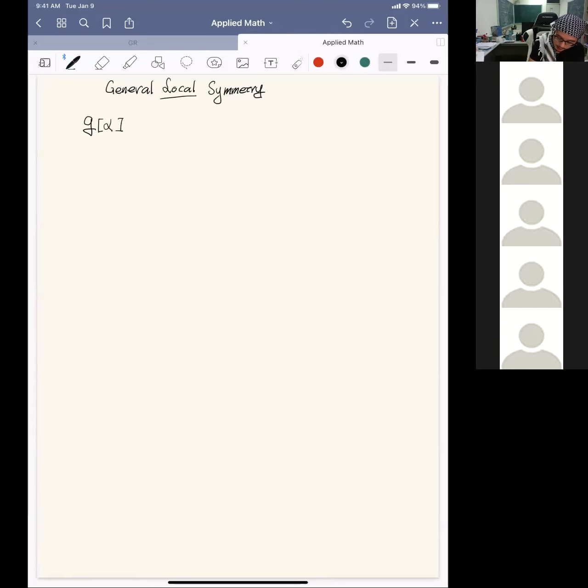Now if alpha contains an index, which means you can have more than one alpha, then since this is a symmetry transformation with a continuous parameter, when alpha_A goes to very small, G must be the identity plus i alpha_A times G_A.